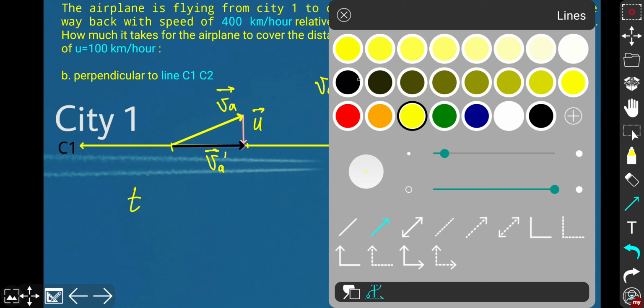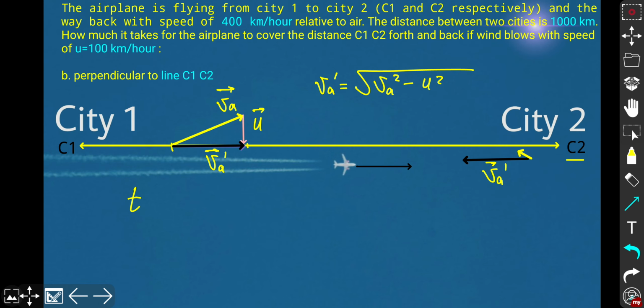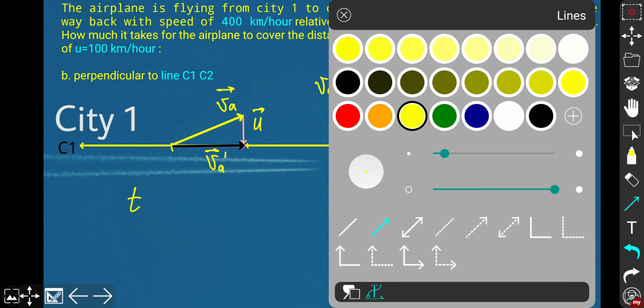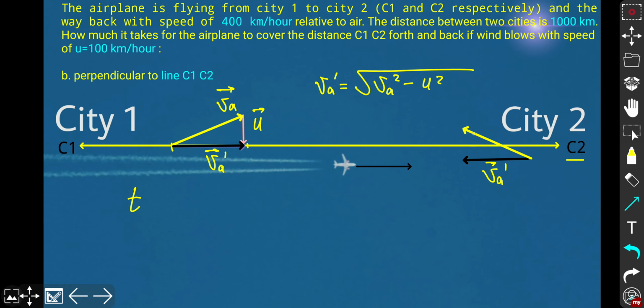So even if you have this as the actual velocity the airplane needs in order to have the course from C2 to C1, okay? And that means U goes down, it is going to be U for the wind. As you can see here, the resultant velocity VA prime is going to be the same because that's absolutely the same triangle.